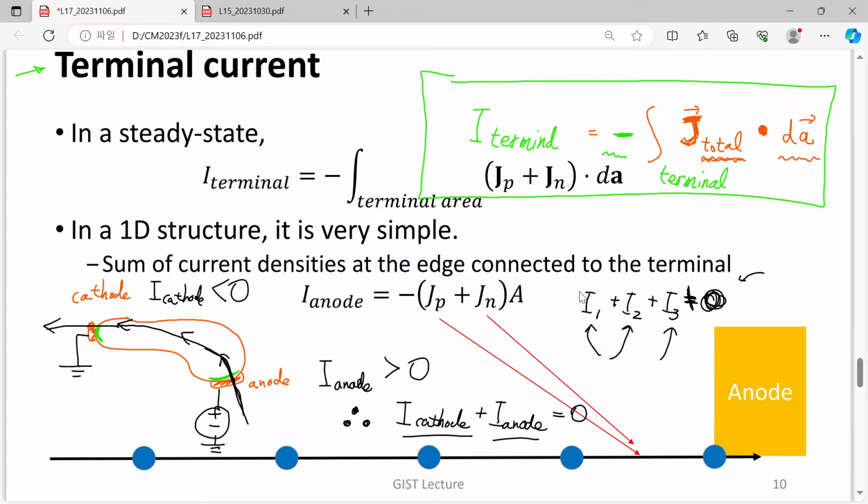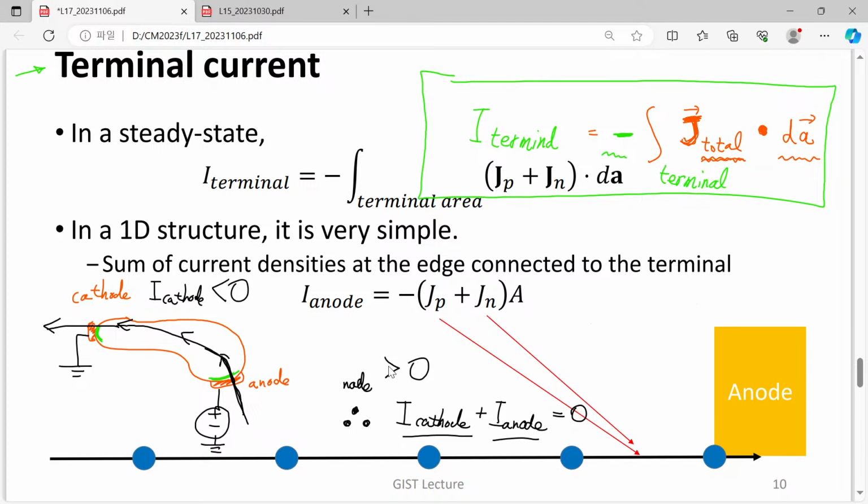So simply, I wanted to strongly suggest to you that please don't rely on this current conservation. Current conservation should be your result. Current conservation should not be your leverage or your knob to evaluate something, because we are considering a more fundamental level.